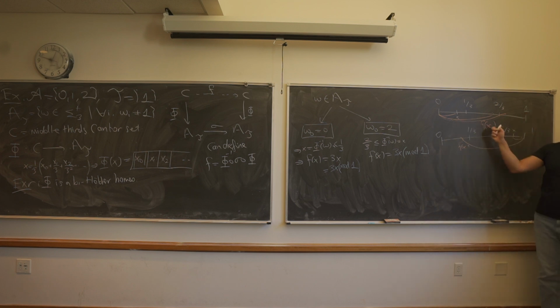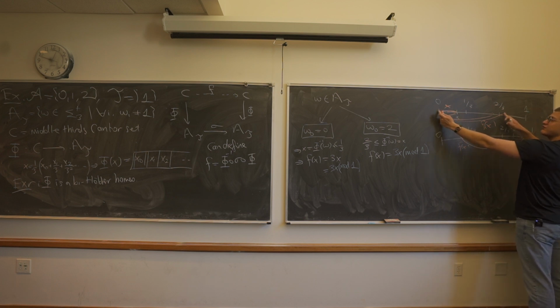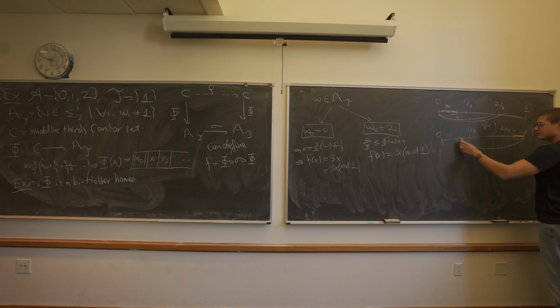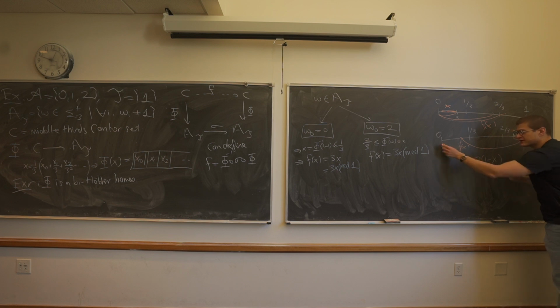Now, in this case, of course, f of x is going to be 3x, because this distance here is x, which means that this distance has to be 3x. In this case, though, the distance you should look at is 1 minus x, so that this distance is 3 times it. And so if I want to get the coordinate of f of x, I need to subtract this from 1 to get this distance.